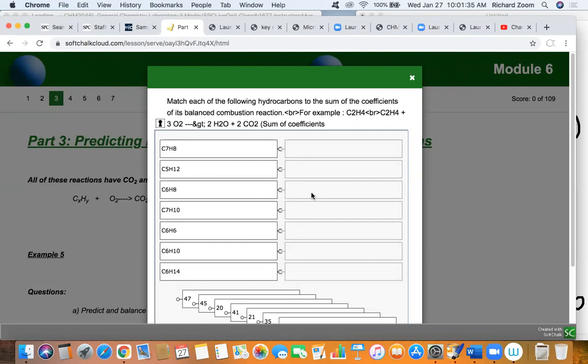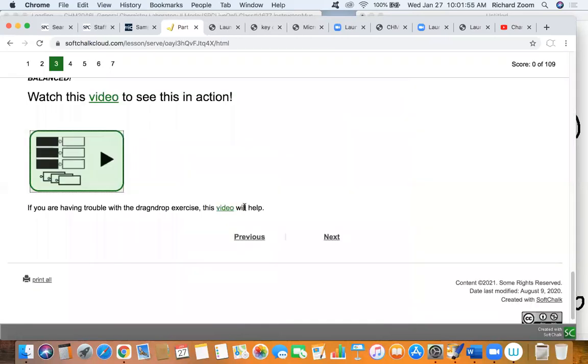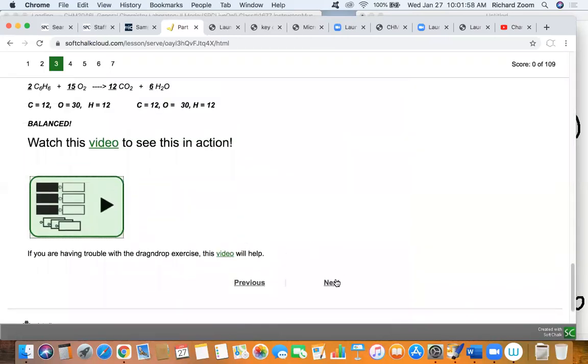C6H8 is like the other one. All right. What about C7H10? Yes, 10 divided by 2 is 5. That's odd. C6H6 we already dealt with. What about C6H14? Yes, 14 divided by 2 is 7. All right, any questions? Okay.